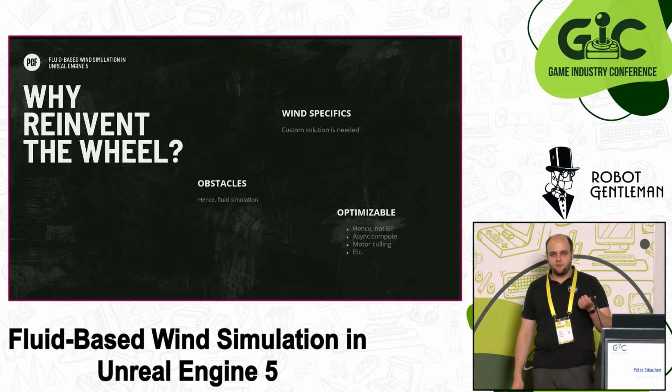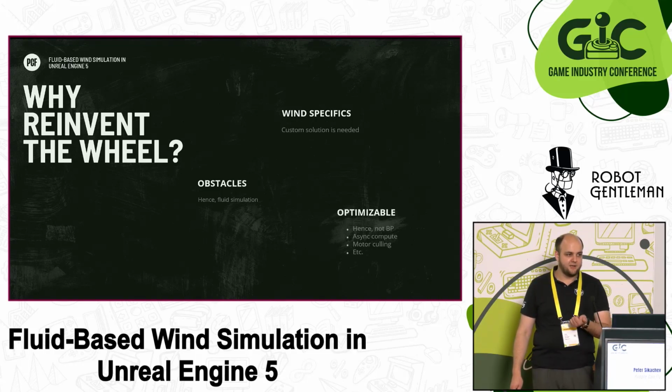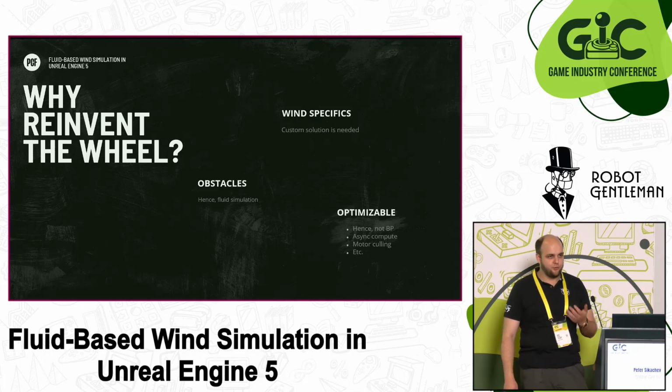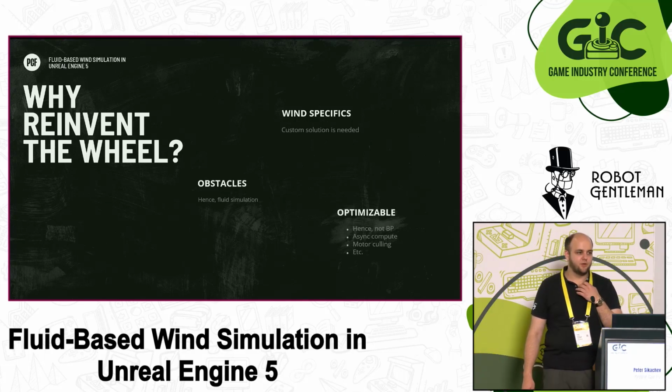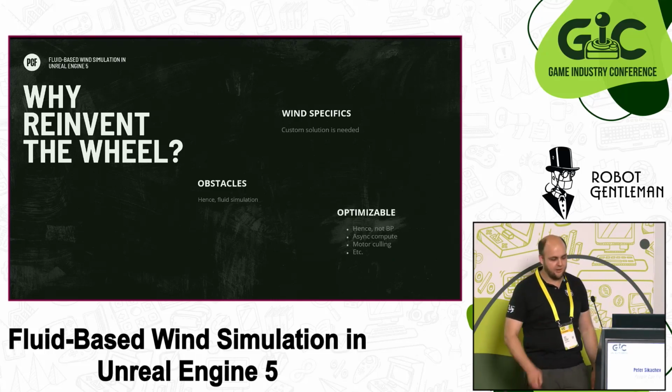When we have multiple sources, we want to be able to do culling on CPU and GPU and things like that. So for that reason, we wanted to have our own approach, which also involves modifying the core of the Unreal Engine.